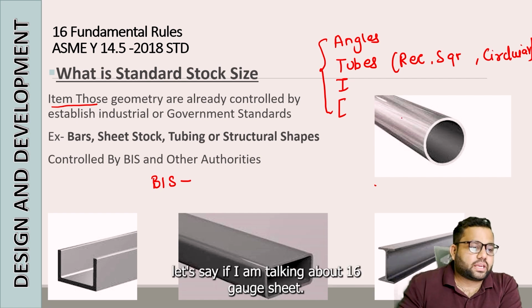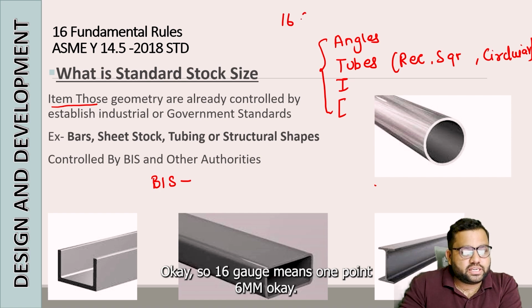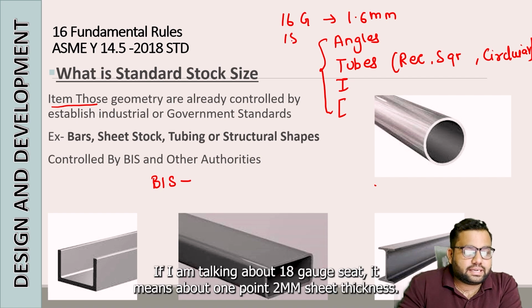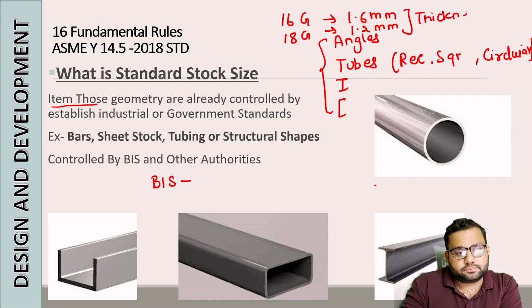If I am talking about a 16 gauge sheet, converting this gauge into mm, 16 gauge means 1.6 mm. If I am talking about an 18 gauge sheet, it means about 1.2 mm sheet thickness. This is basically the thickness of the sheet.